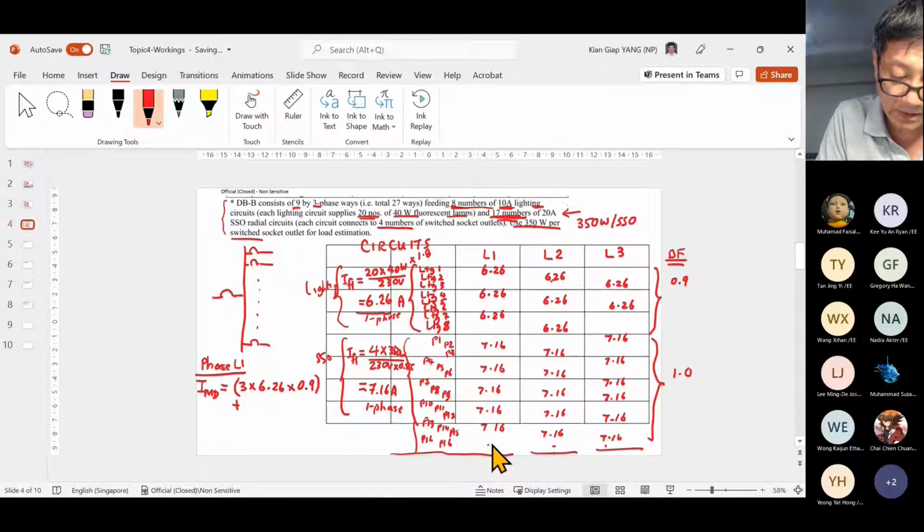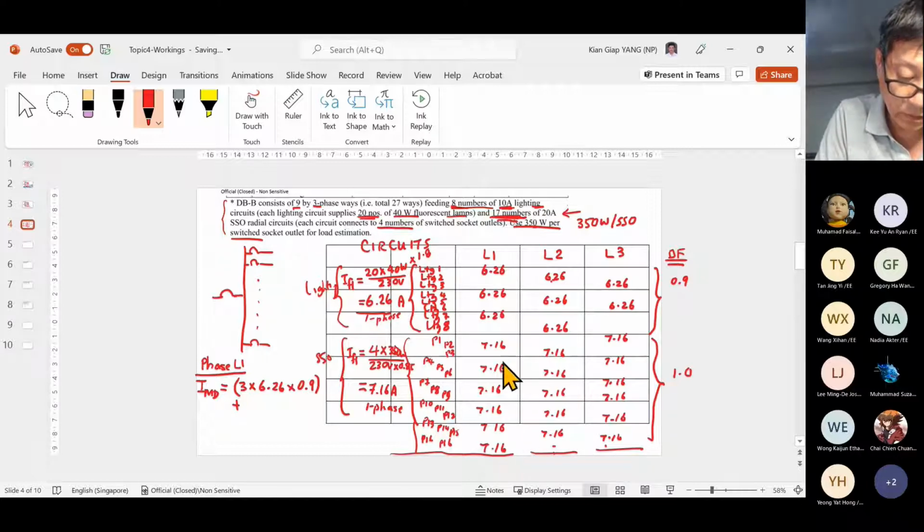So I end up with 17 here. That means this one and this one will have one more circuit.